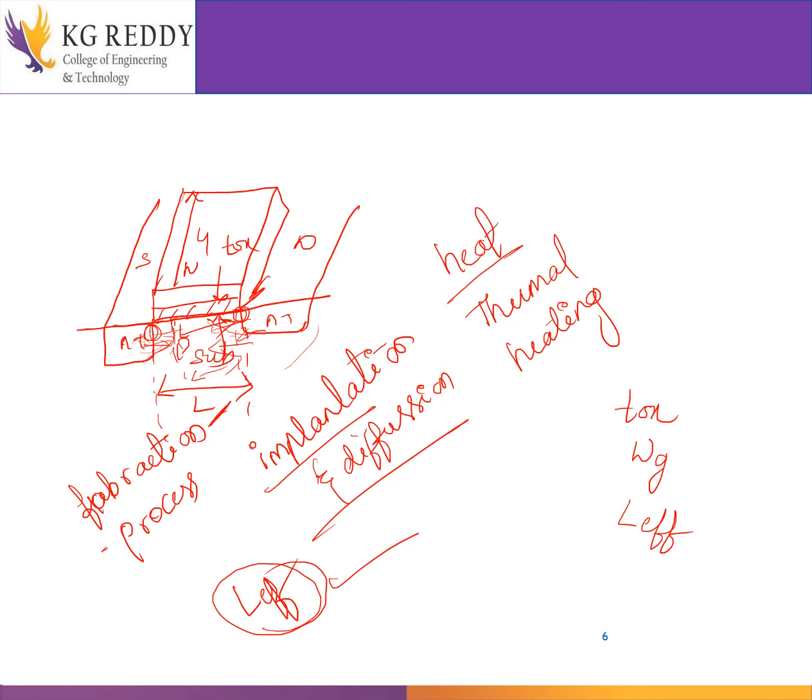So the channel will get closer, and that length we will be considering, and we say that it is an effective length. So we know why we have studied what the dimensions of the MOS device are. Okay, thank you.